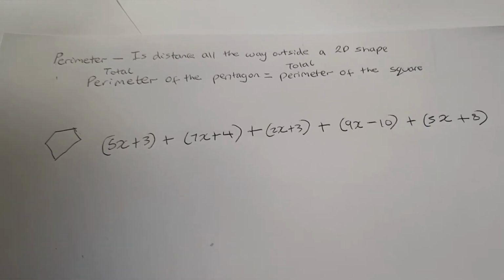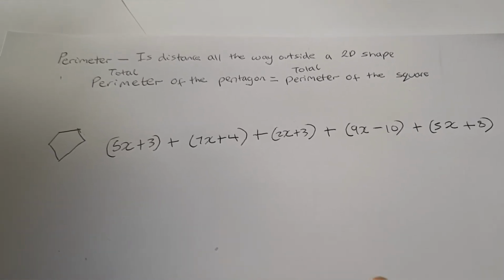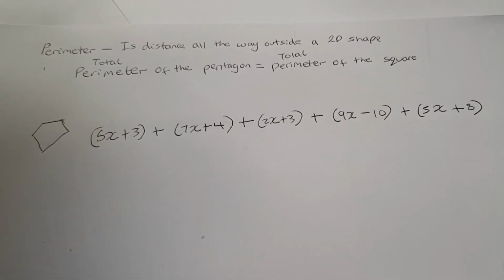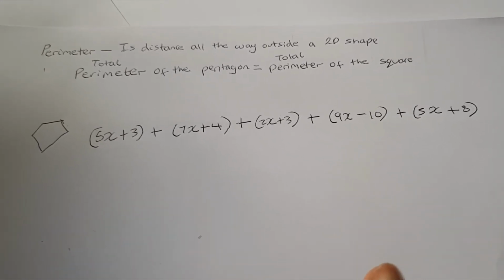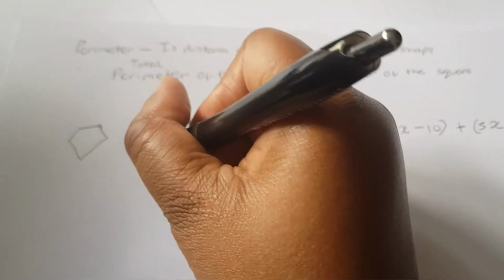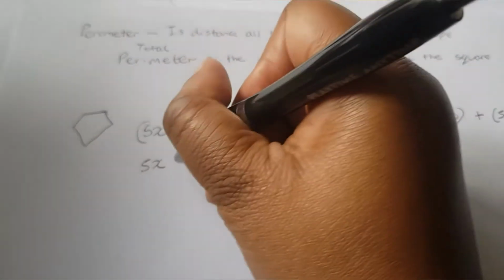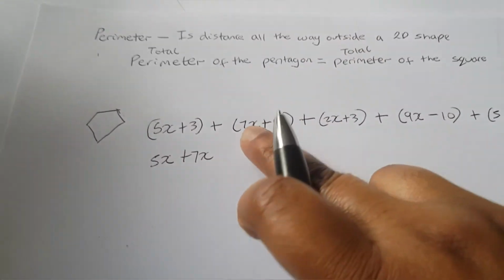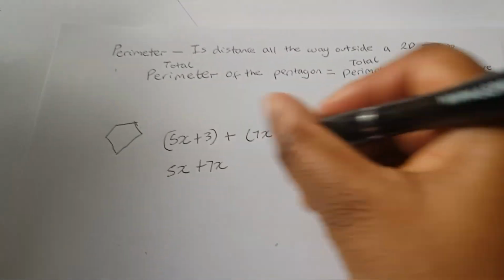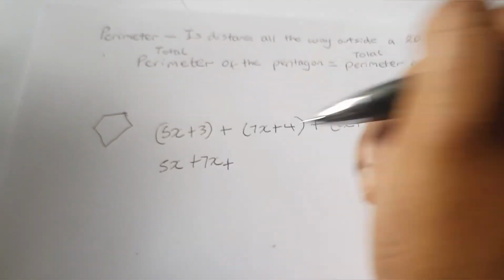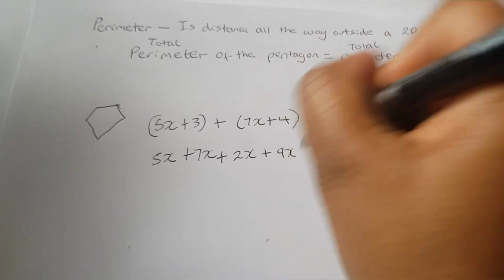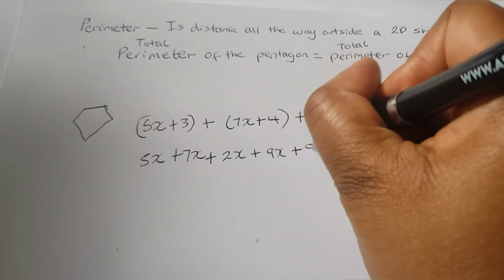When you're adding algebraic terms, you need to add all of the similar terms together. So all of the terms with x you add together, and all of the terms with just a single number you add together as well. So we add 5x plus 7x plus 2x plus 9x plus 5x.